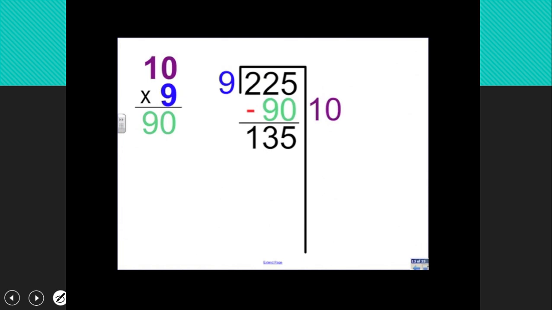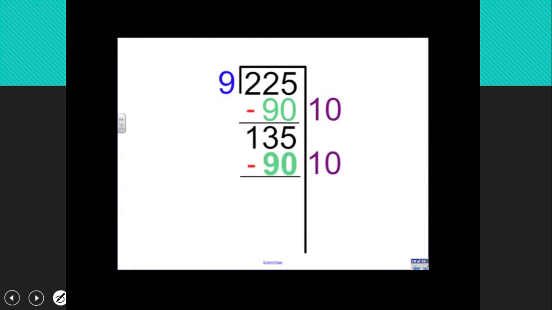Another 10 groups of 9 is 90, which will fit inside 135. Then draw a subtraction sign and write the 90 that you multiplied. Keep track of the nines by writing 10 on the side. Then subtract 90 and get 45.